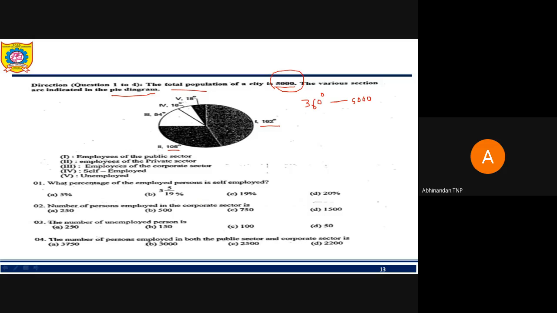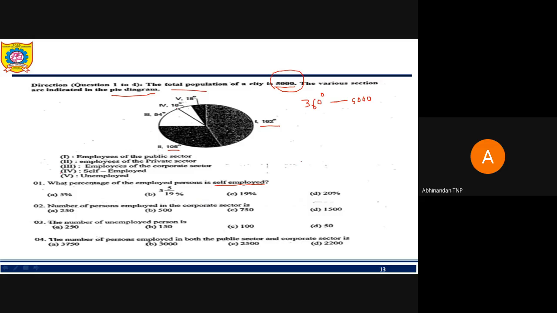The first question is, what percentage of the employed person is self-employed? How much is the self-employed? Self-employed is the fourth one. This is 18.